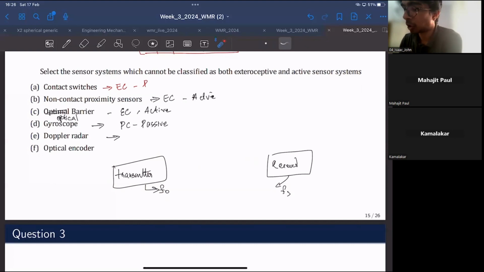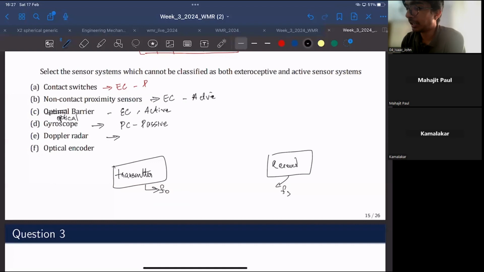So again, this Doppler radar is measuring something external to the robot, the velocity of something that is external to the robotic system. If you are staying still and want to measure the velocity of something that is moving, you need a transmitter-receiver pair. And obviously, since we are dealing with a transmitter, it has to emit some sort of energy.